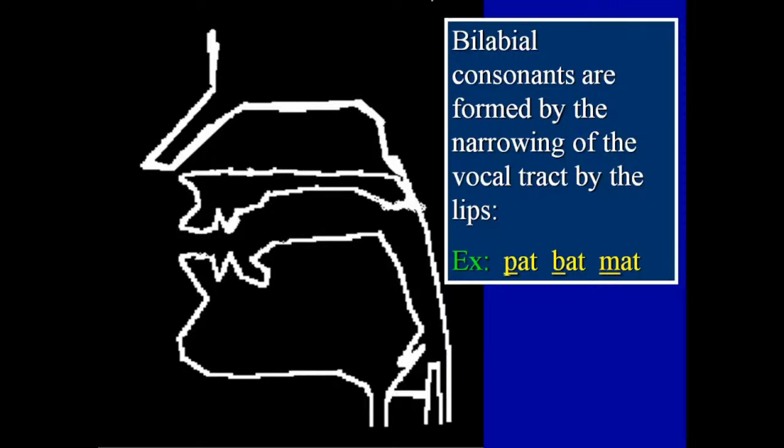For example, P in pat, B in bat, M in mat, they are bilabial because the 3 consonants are being made or produced or articulated by, if you like, let's say closing our 2 lips, the lower lip and the upper lip. Okay, this is what is meant by bilabial. The 2 lips are involved in the production of the bilabial sound, bilabial.